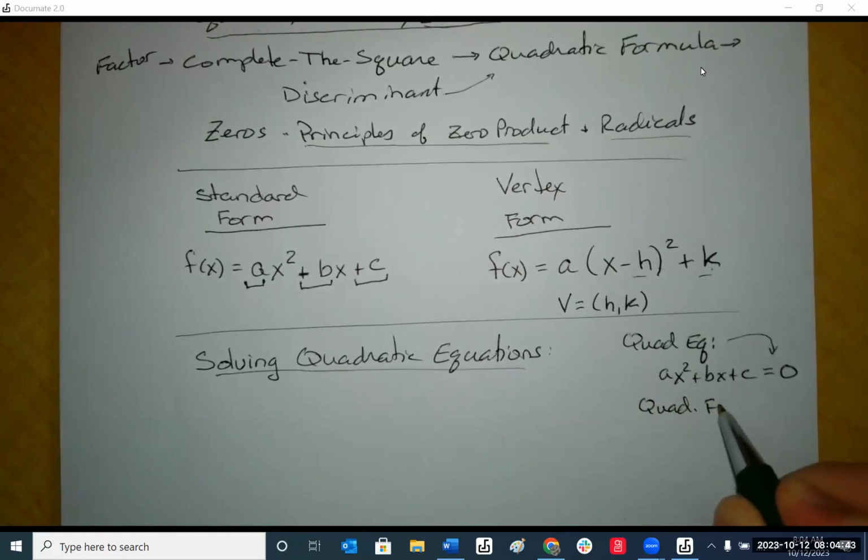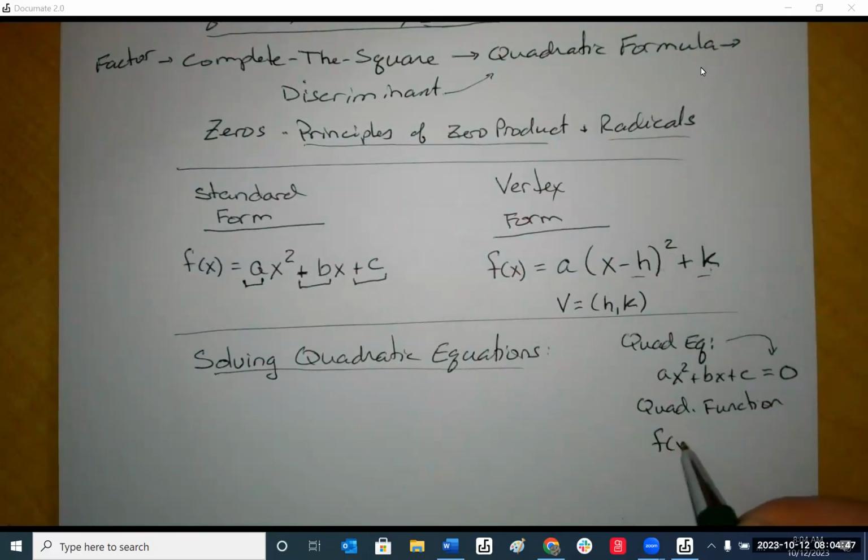The quadratic function is simply the way you write it.